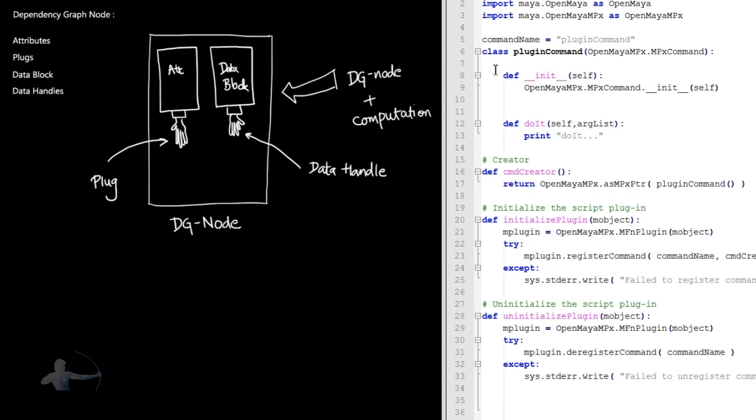Here we have a class, then a creator function, then initialize plugin and uninitialize plugin. We understand at this point why we are using initialize plugin, uninitialize plugin, the command creator, and this class. So now we will start designing the structure of our dependency graph node, and then we will code it in Maya.